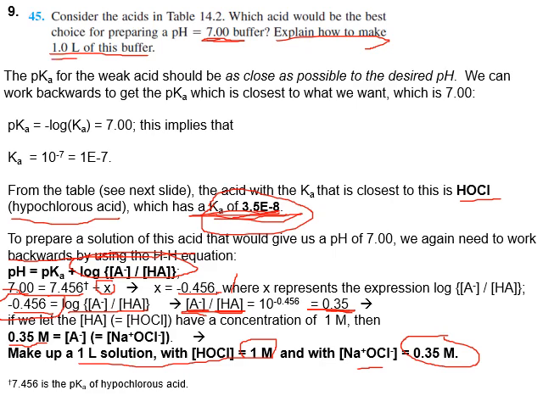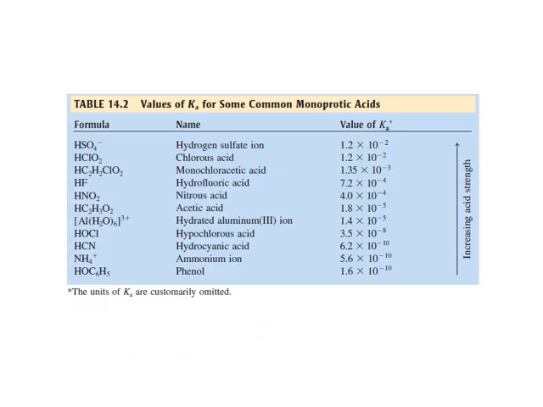All right, let's move to the next one. Here are the values. I just want to stop for a second on this one. Here is the one that we chose. You can see we were trying to find whatever is closest to give a pKa closest to 7. So let me just do this one right here.